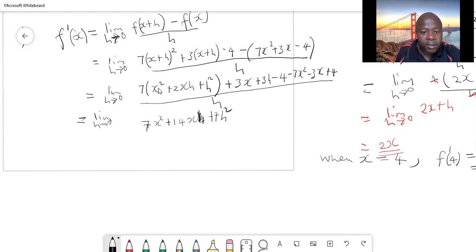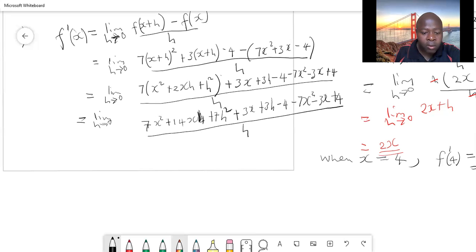I'll open the bracket by expanding this, and then plus 3x plus 3h minus 4 minus 7x squared minus 3x plus 4, over h.